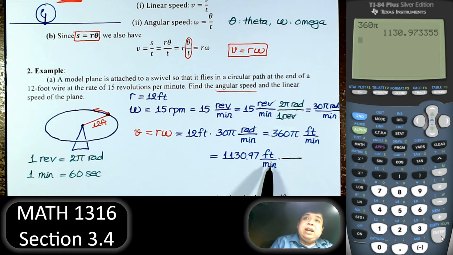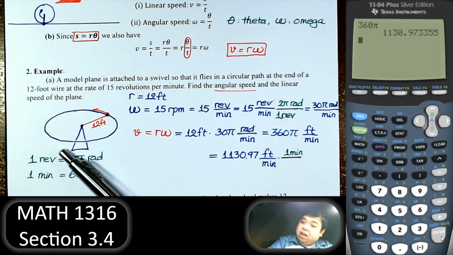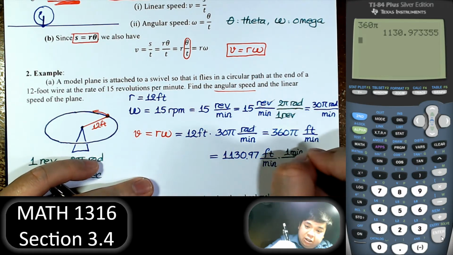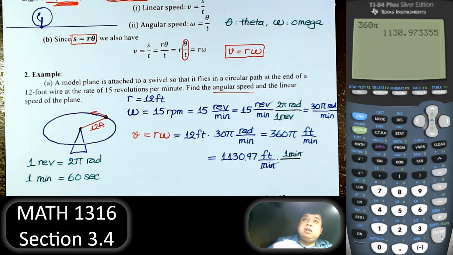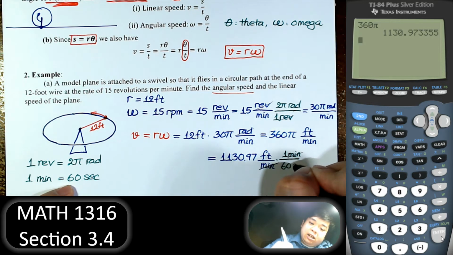Once again, we don't want minute, so we have to put the minute on the top so that it cancels with this minute. And if we put the minute on the top, we have to put 60 seconds at the bottom.